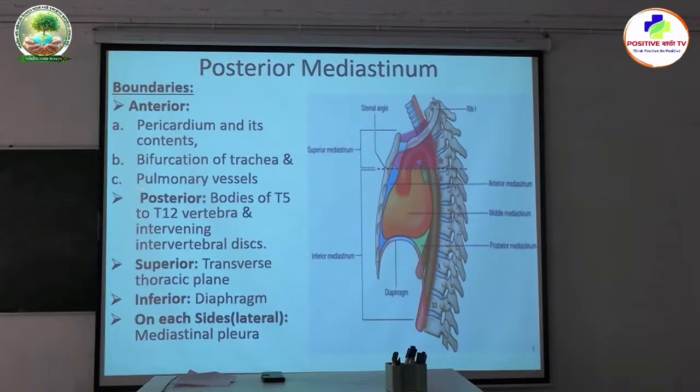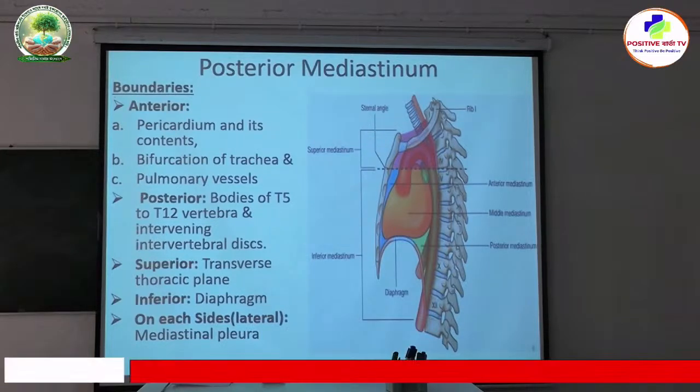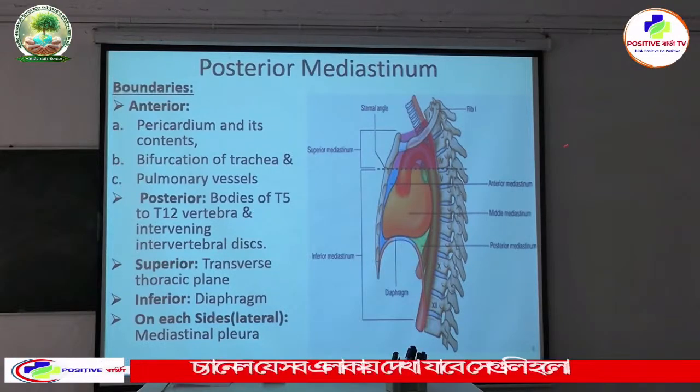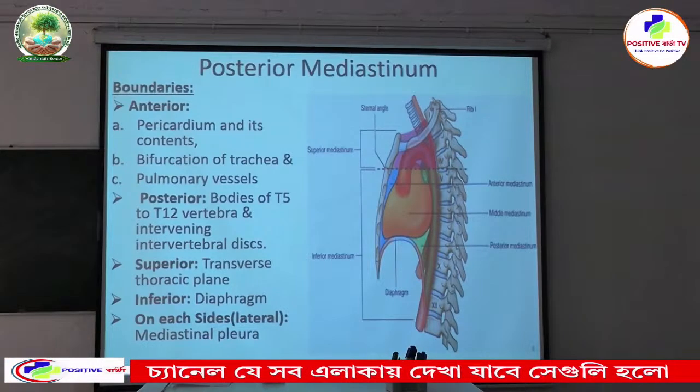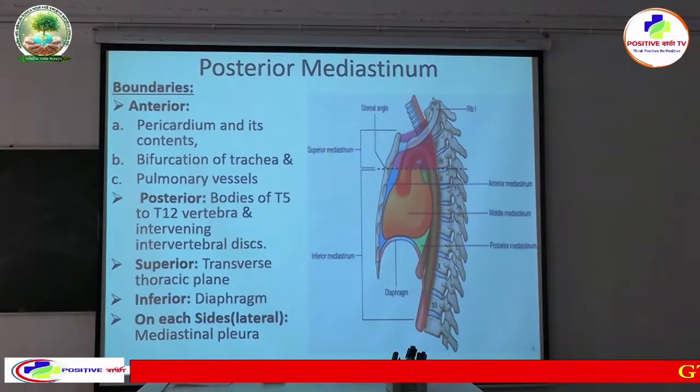Posterior boundary is formed by bodies of T5 to T12 vertebrae and intervening intervertebral discs. Superior boundary by transverse thoracic plane and inferior boundary by the diaphragm. And on each side laterally there is mediastinal pleura. So this is the boundary of the posterior mediastinum.